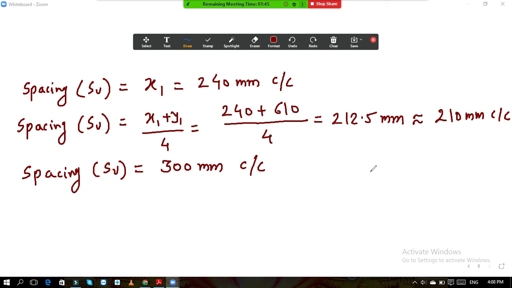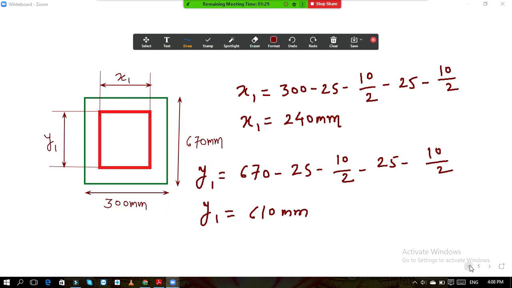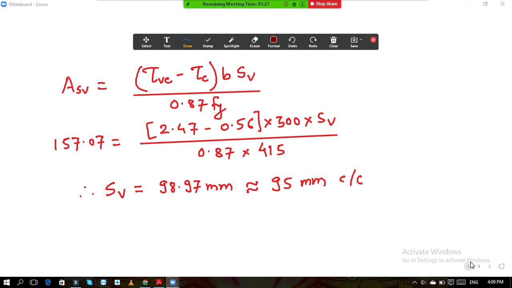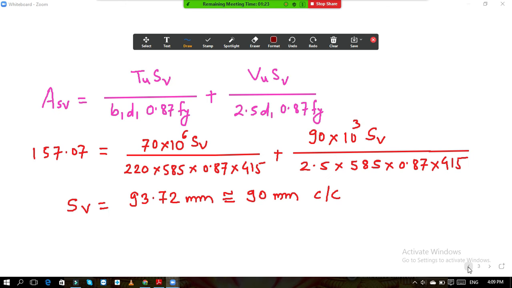Now see all the spacings and provide the minimum spacing. Here three values are there: 240, 210 and 300. Out of these three, the least value is 210. Then for the first spacing, here the value is 95 mm and here the value is 90 mm.